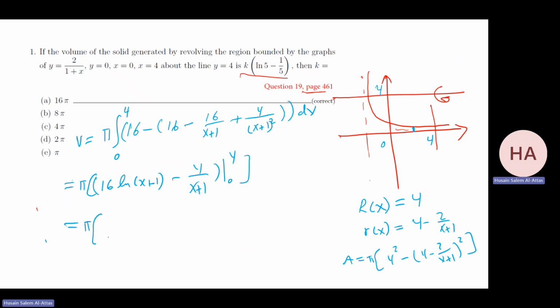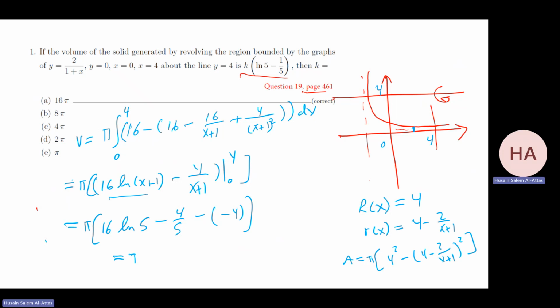That will be 16 ln 5, good, minus 4 over 5, 4 over 5, yeah, minus. Now, if I put 0 here, I'm getting 0, and I have minus minus 4.